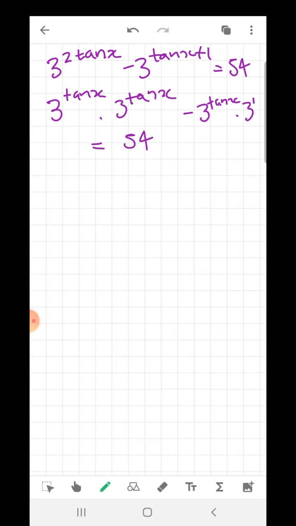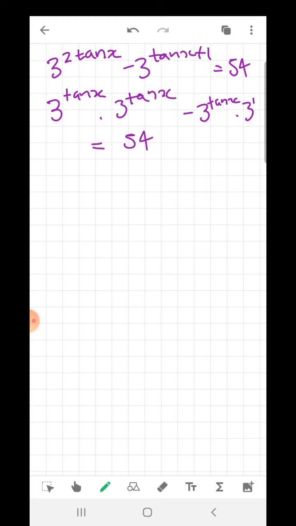Now, obviously, I'm going to take 3 to the power of tan x out as common. And the reason I checked if 54 could be made into a base of 3, but I got 2 times 3 to the power of 3. So the reason I didn't change it was because it's not just giving me a base of 3 on its own, it's being multiplied to something else, so I just left it.